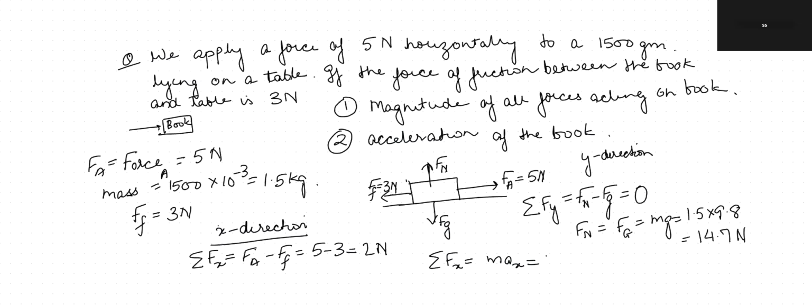So acceleration would be equal to sigma F over m, which is 2 over 1.5, which means 1.33 meters per second square. Okay. So acceleration is in the east direction here. So we can say 1.33 meters per second square east.